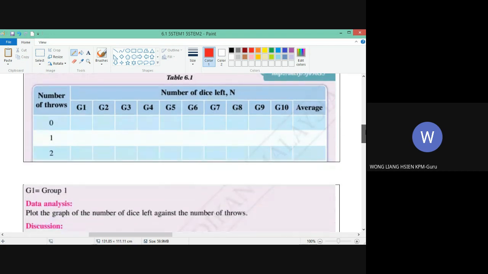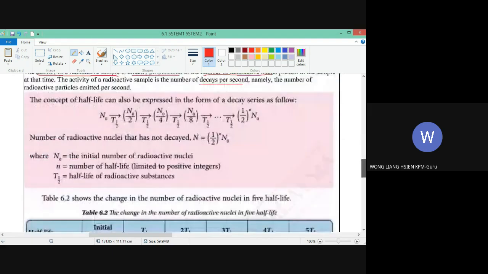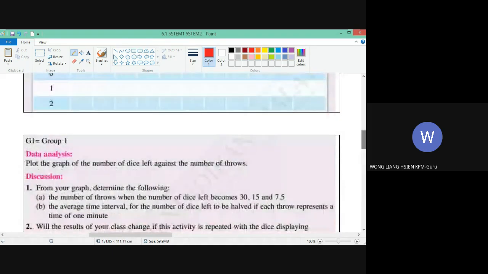Anyway, the result that you get, you will be able to see that the number of dice left will get less and less. After a number of throws, you will be able to get a graph that roughly looks like this.